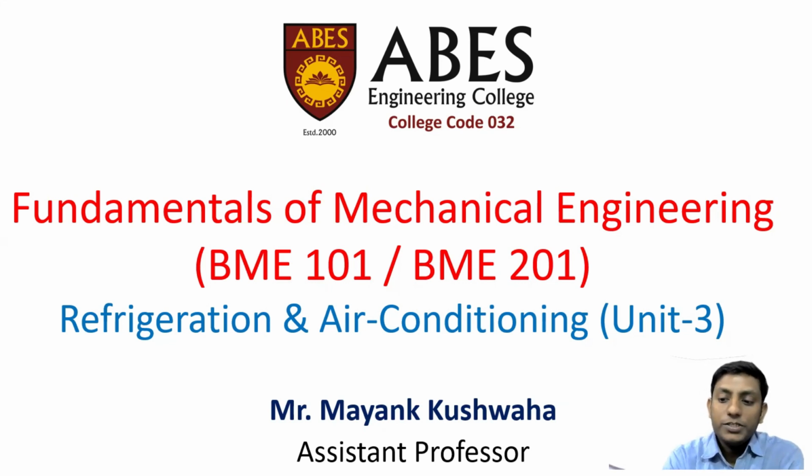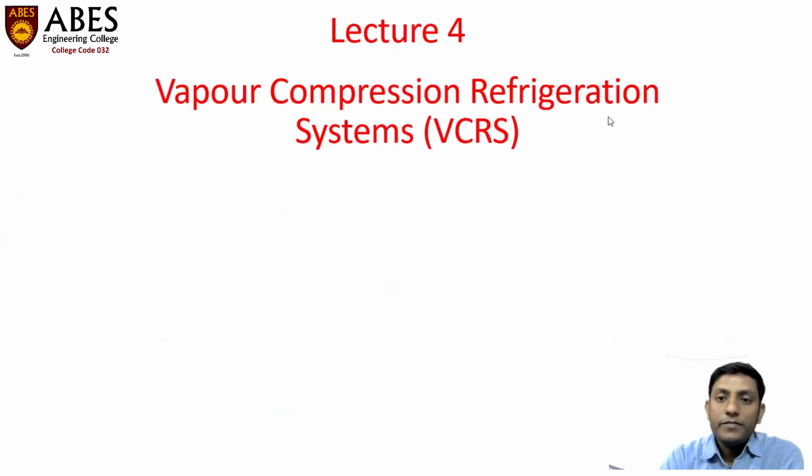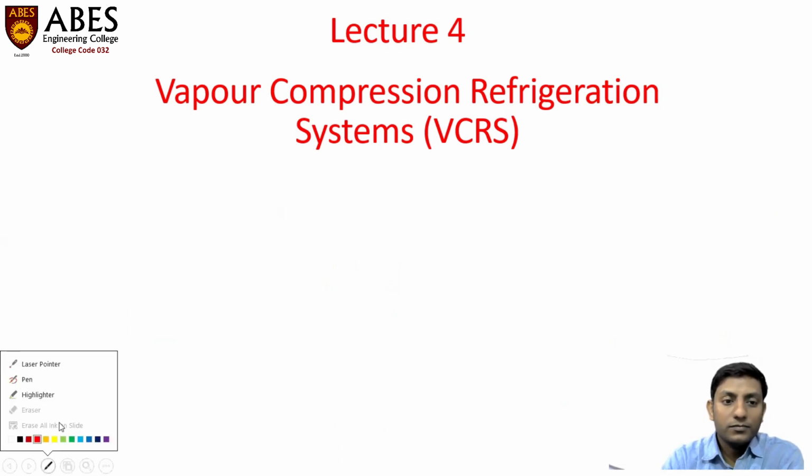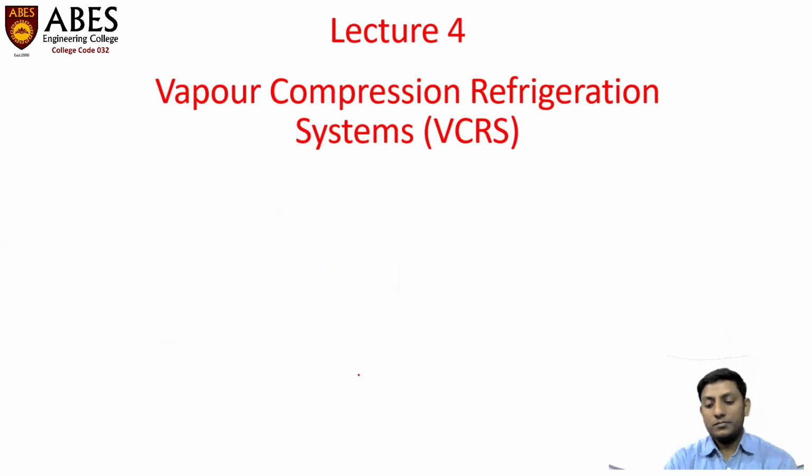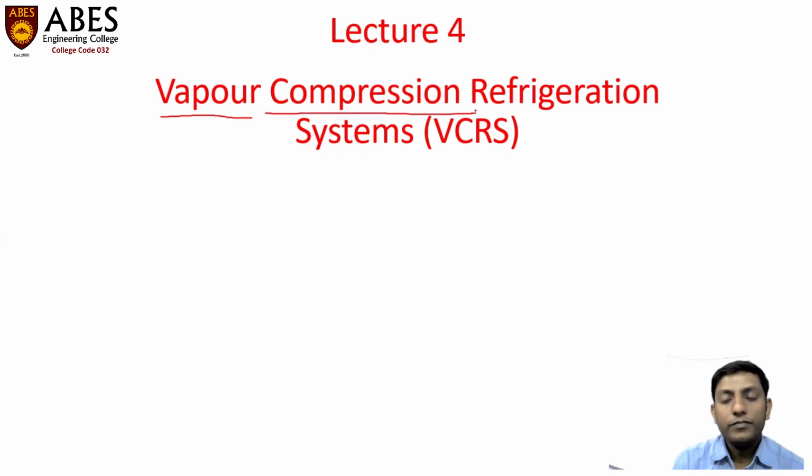And the answer to that question is the vapor compression refrigeration system, in short VCRS. This is a cycle where we use the vapor form of a liquid, which will be used for the absorption of heat from the space to be cooled down.